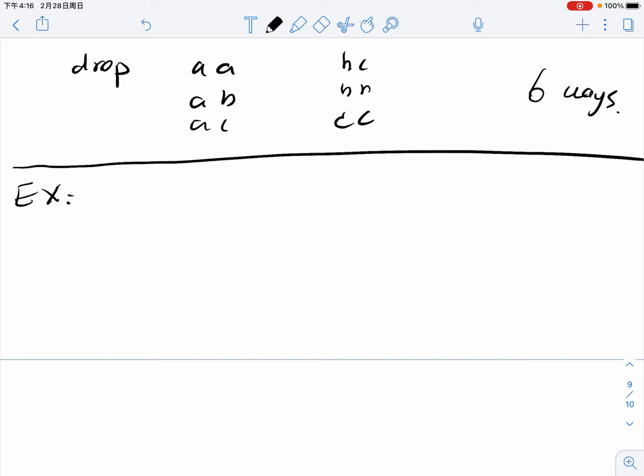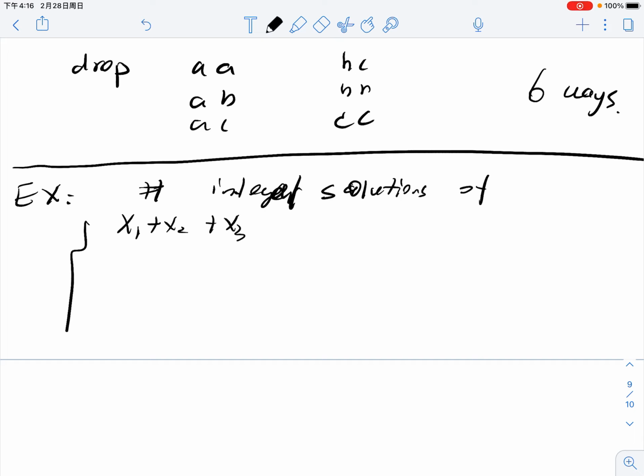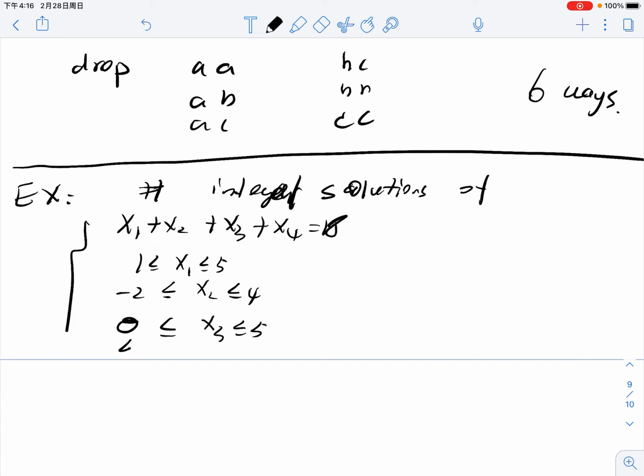Okay, now let's look at a similar question. So what is the number of integral solutions of x1 plus x2 plus x3 plus x4, and satisfy all these inequalities.